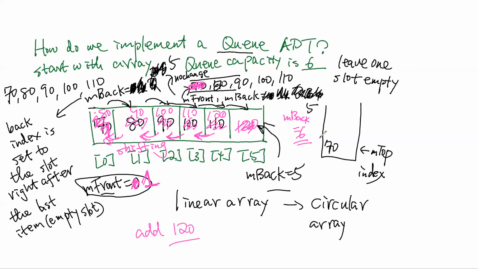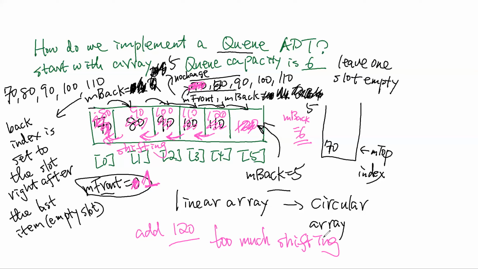But the issue with this kind of solution is what? Each time you remove an item, you need to do shifting, the whole array shifting. You need to update the back index also. So too much shifting. That's not efficient, is it?